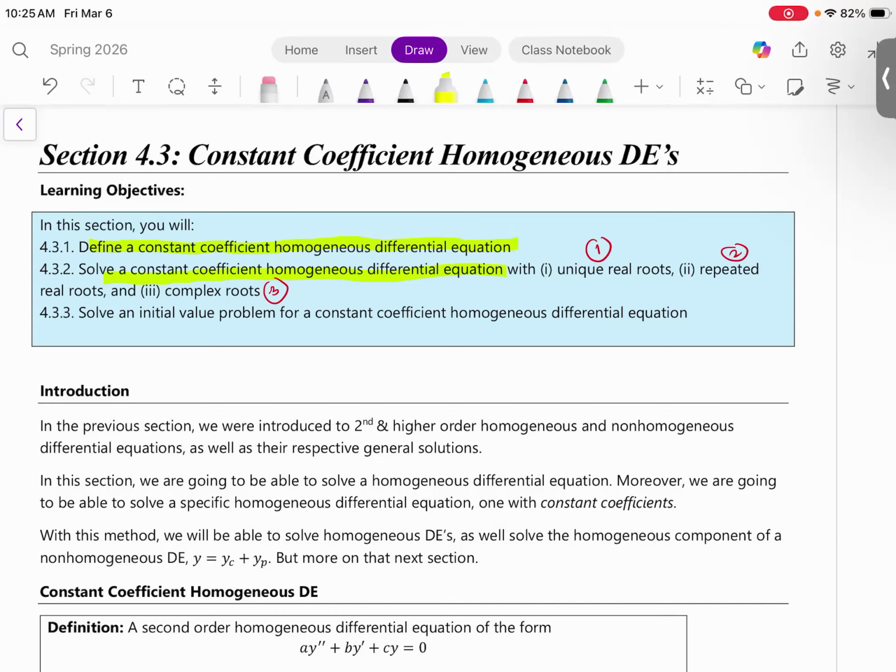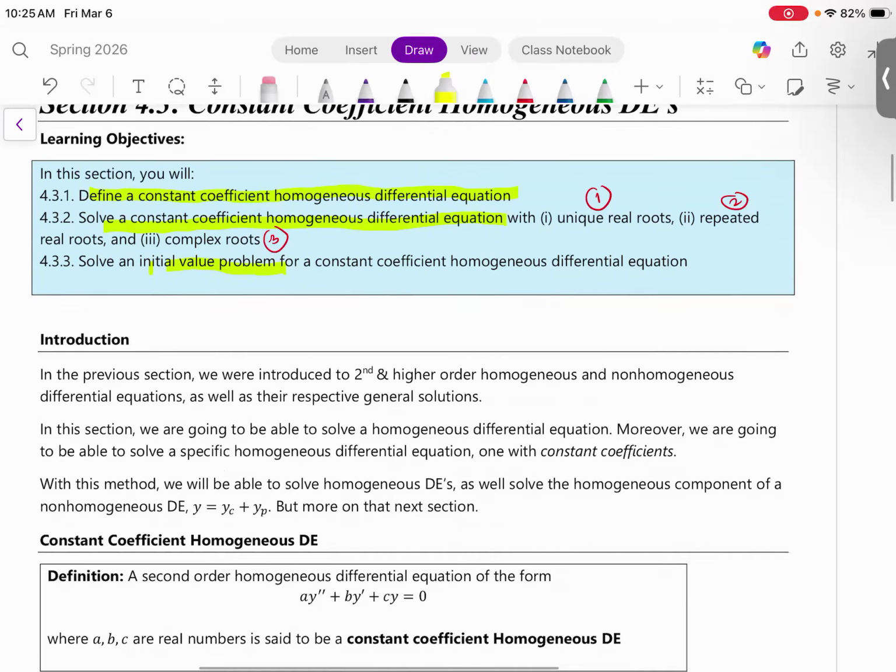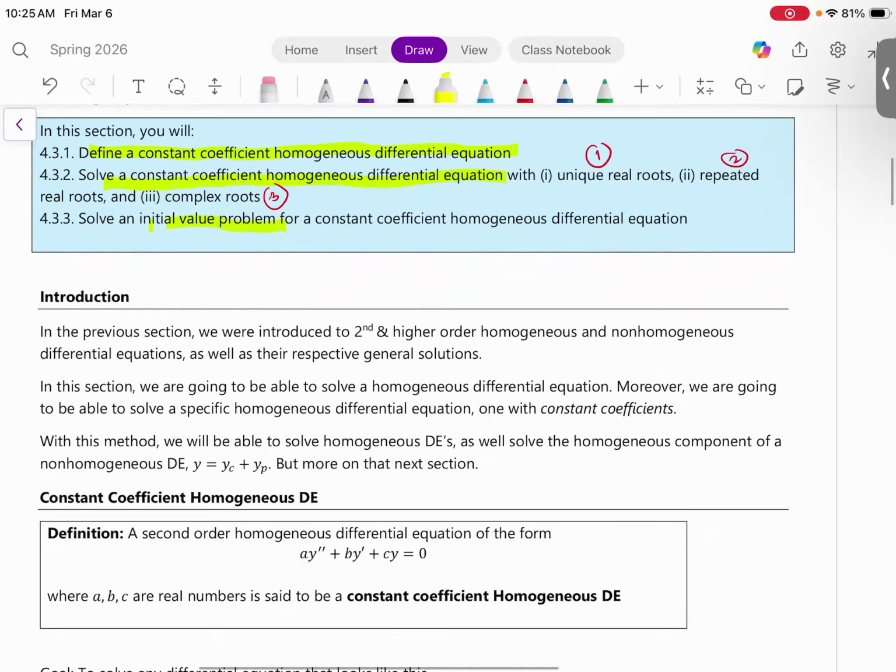And then we'll tie it all together by solving an initial value problem of these constant coefficient homogeneous DEs. So let's introduce a bit what constant coefficient DEs are.